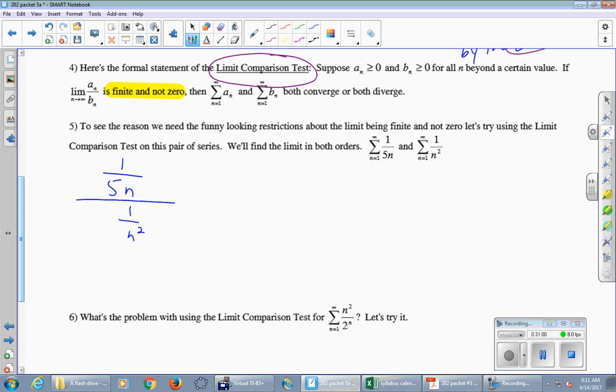If we can get finite and not zero, then they behave the same. And there's a limit as n goes to infinity. And we do our standard flipping thing. 1 over 5n, n squared over 1. So once you've copied, take a moment to write down what that limit is equal to.